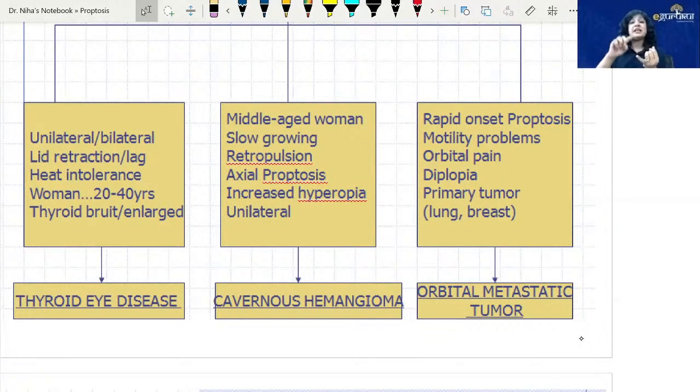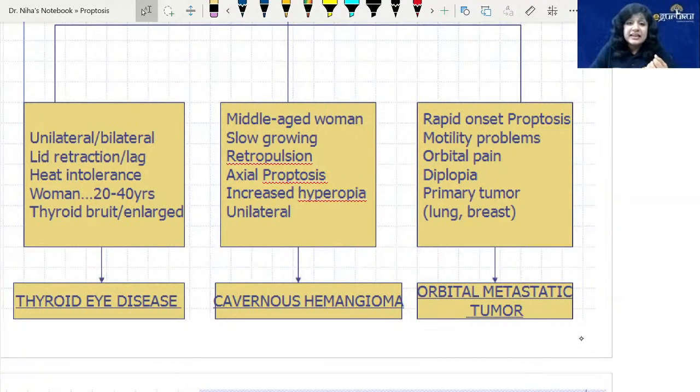Now they will be telling you about the intermittent proptosis. So the moment you hear this word intermittent proptosis, think about varix. Why intermittent? Because every time the blood is not going into the veins. So the moment high pressure blood flows into the veins, there will be intermittent proptosis. It is the only type of proptosis that increases in the stressed position, that is also called stress proptosis.